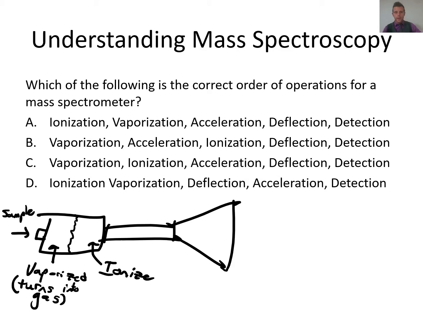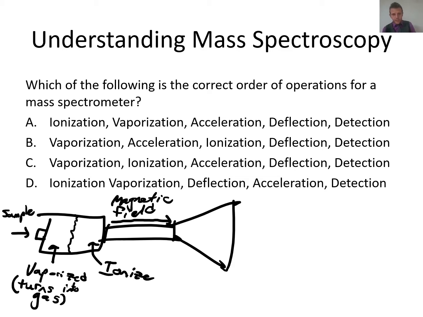Because the second it becomes ionized, there is a magnetic field. You'll see magnets, and you're starting to catch the idea. And the magnetic field is going to be applied, and it's going to pull particles this way out of the ionization chamber.